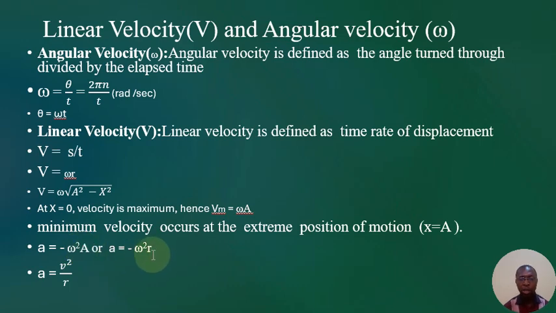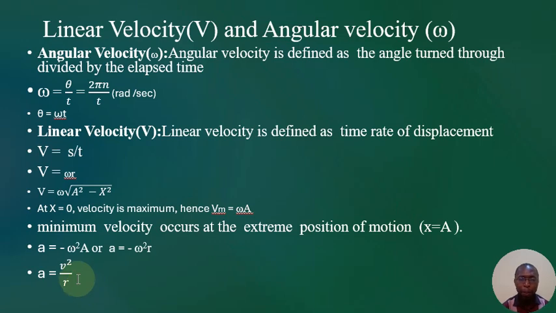We use them interchangeably. So radius or amplitude in simple harmonic motion are taken to be the same in some cases. Again, acceleration can be equal to v squared over r. So all these formulas are very key in solving problems in simple harmonic motion.